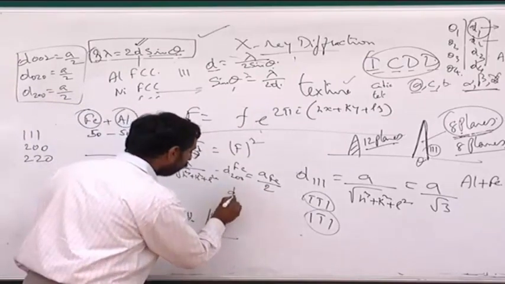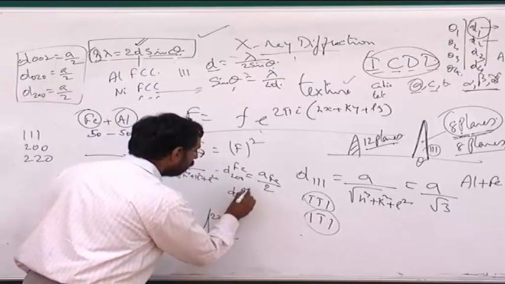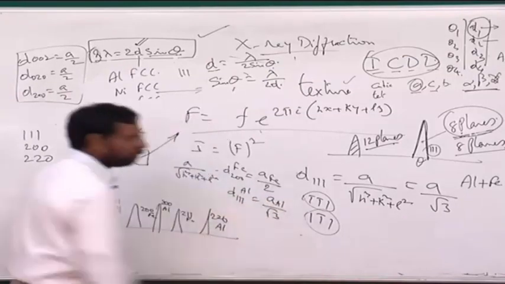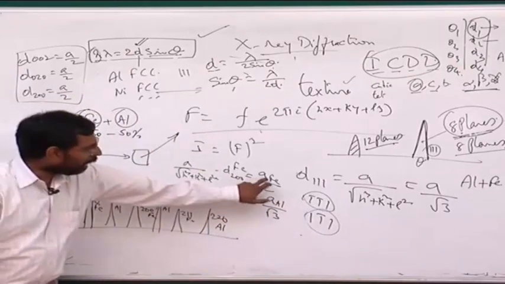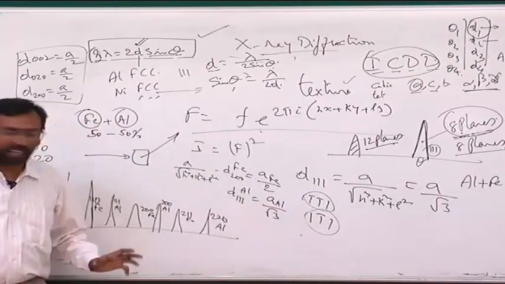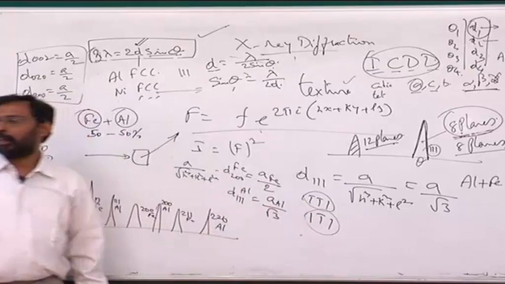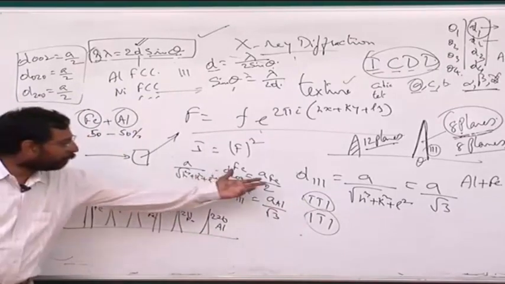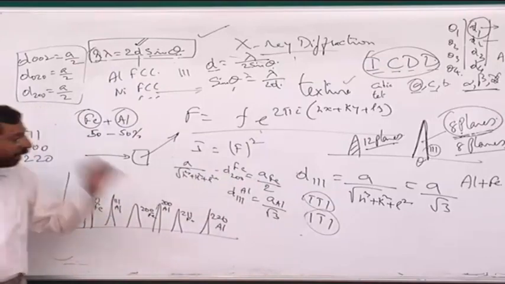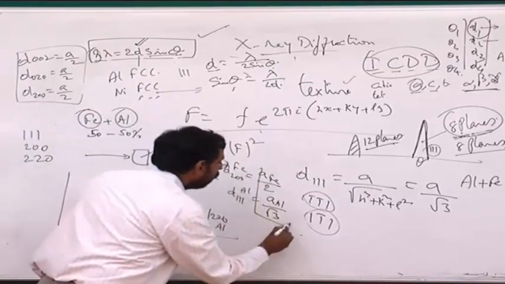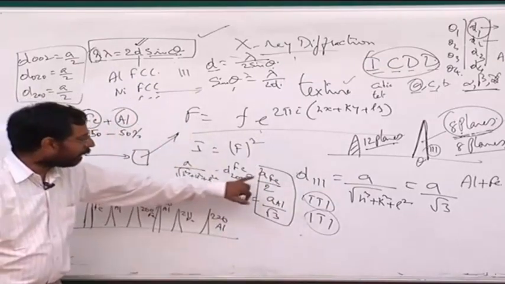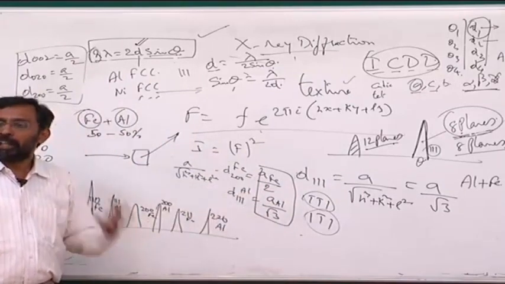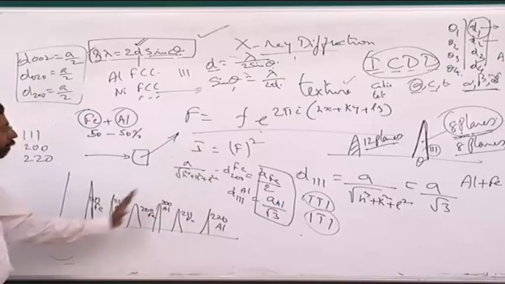Similarly, D of 111 of aluminum is A of aluminum divided by square root 3. If A of iron and A of aluminum are such that these two values are the same, A of iron by 2 is equal to A of aluminum by root 3, then both of them will have the same D.